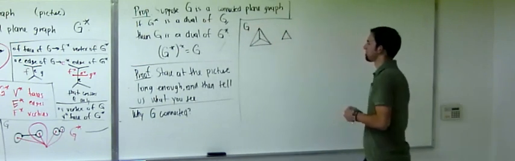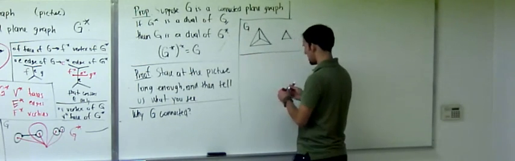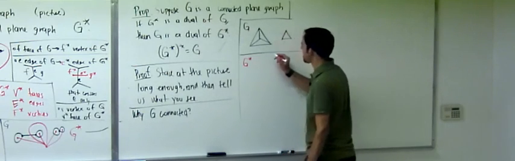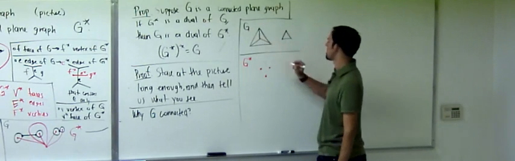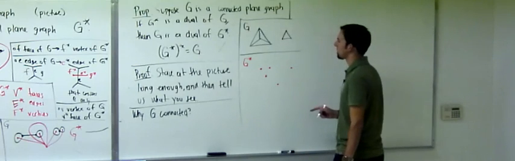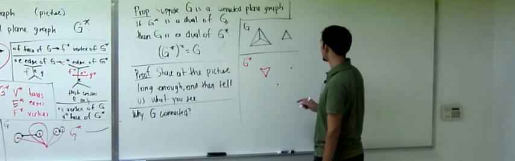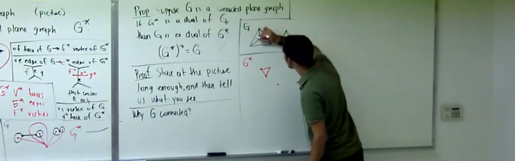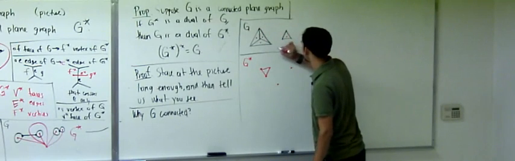There's G. So what does G star look like? You're going to have a vertex inside each one of these little triangles, a vertex inside this triangle, and an outside vertex. Like this. I'm putting them here, here, here, here, and here.